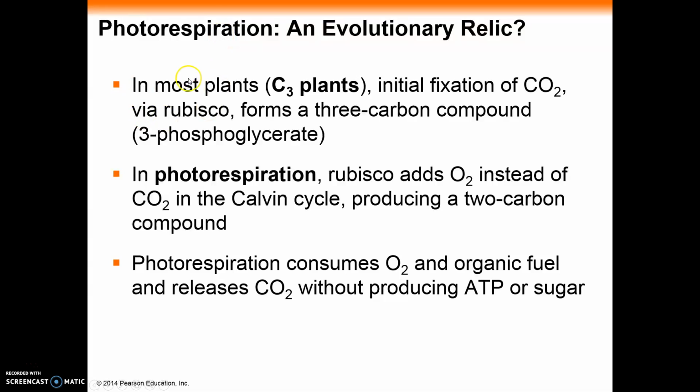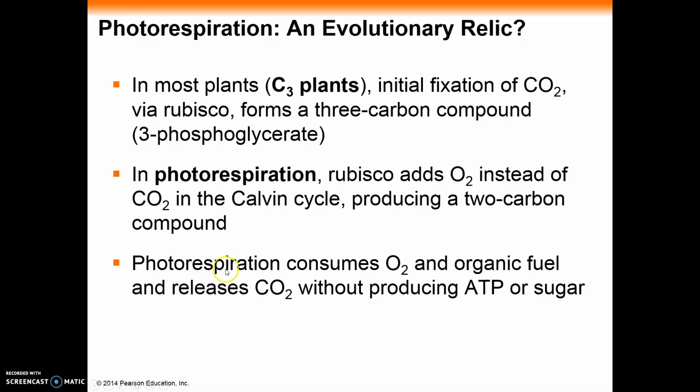So in most plants, which we call C3 plants, the initial fixation of carbon dioxide ends up forming 3-phosphoglycerate. If you do this and use oxygen instead of carbon dioxide, you end up producing a 2-carbon compound, not a 3-carbon compound, because we are not adding this carbon.